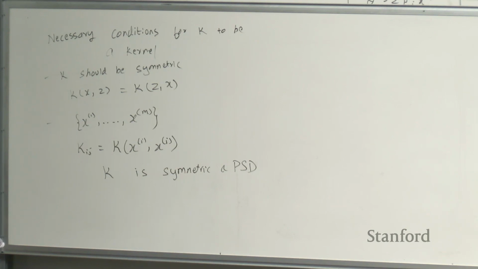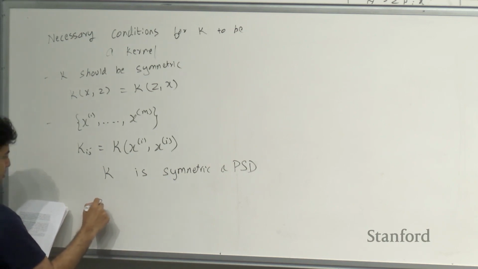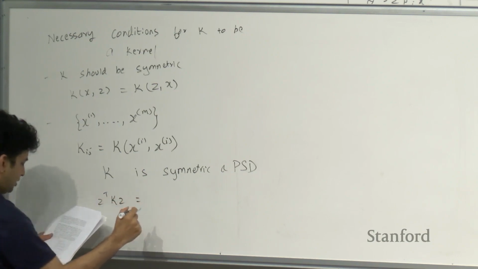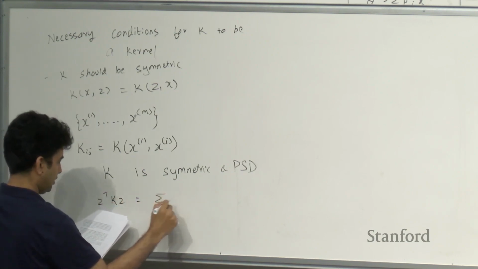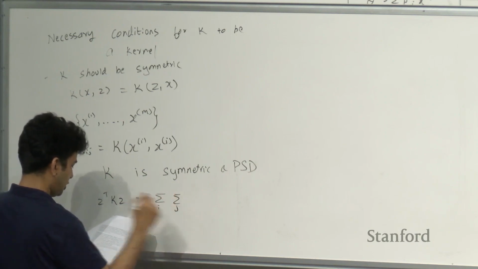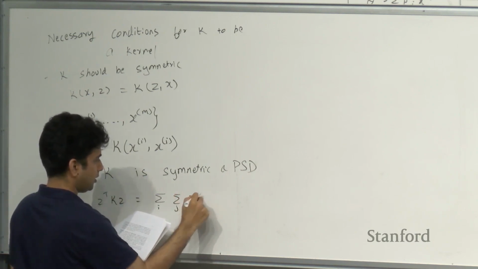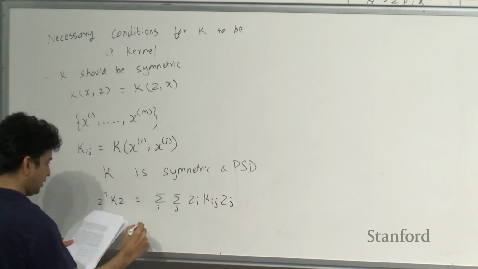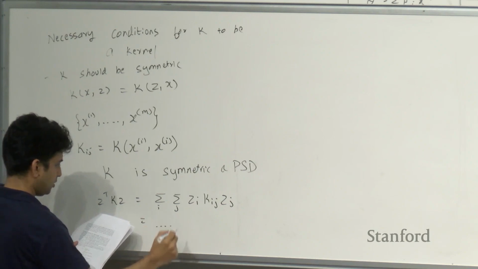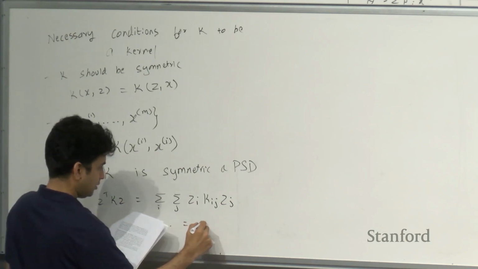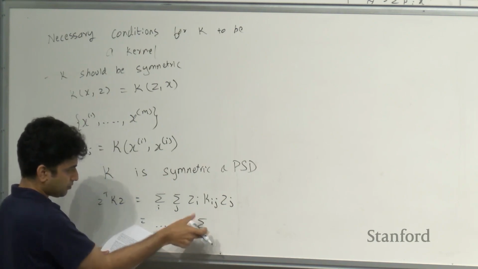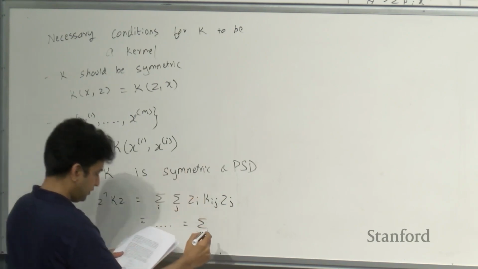And the reason why it should be positive semi-definite is pretty easy to see. So consider some other vector z, and z transpose Kz can be written as sum over i, sum over j, zi Kij zj, and if you do some steps, you will see that this is equal to a sum over k, where k is the number of features in this feature vector.